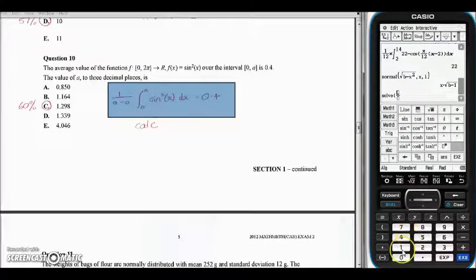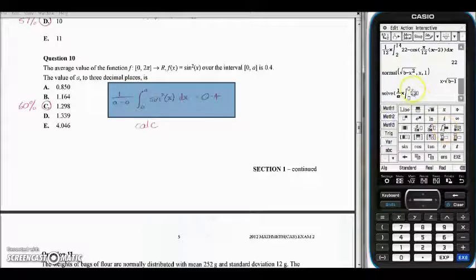We're going to solve the equation 1 on a multiplied by the integral from 0 to a.